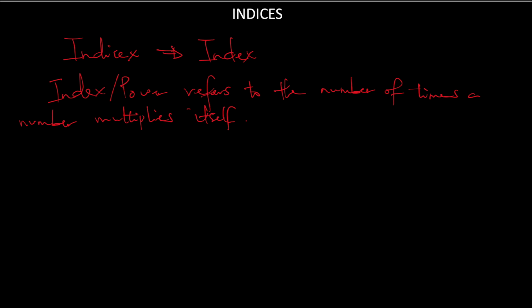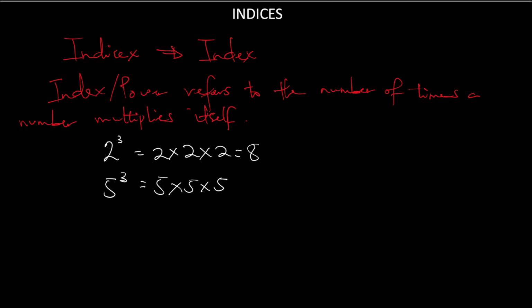All right. So if we have 2 raised to the power 3, this is just telling us that 2 is multiplying itself 3 times. So we have 2 times 2 times 2, and this is equal to 8. Also, if we have 5 raised to the power 3, this is equal to 5 times 5 times 5.